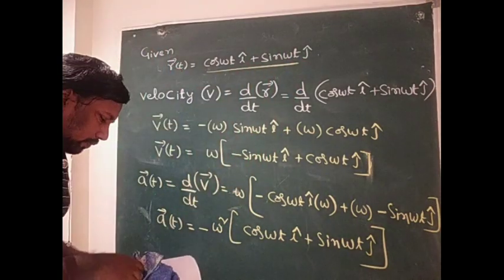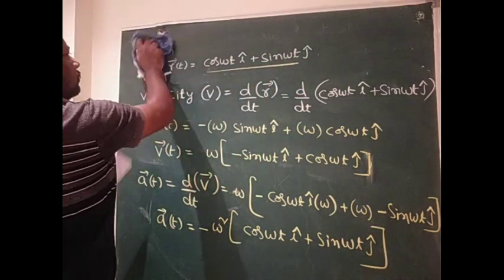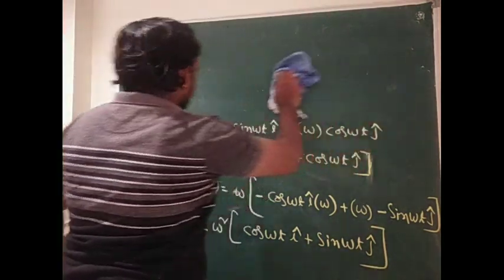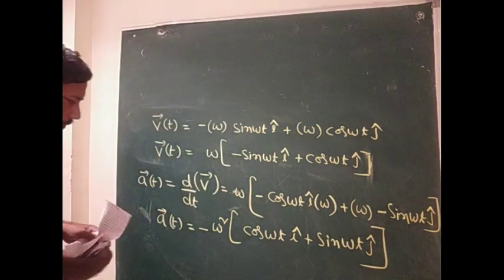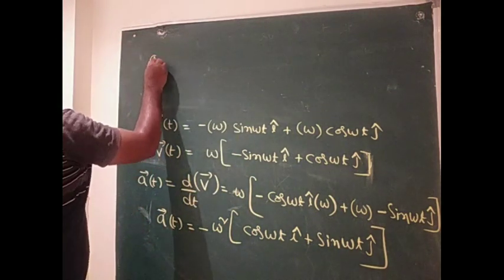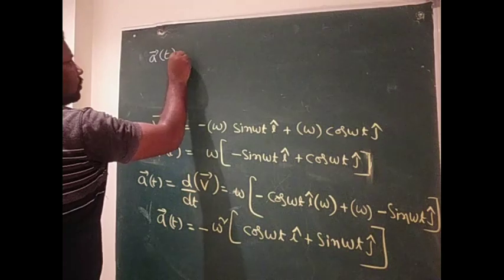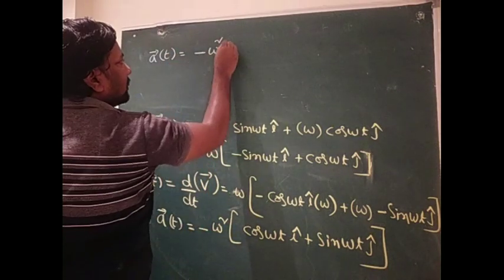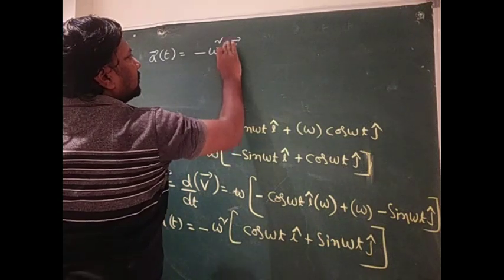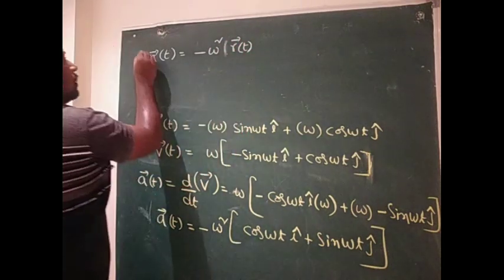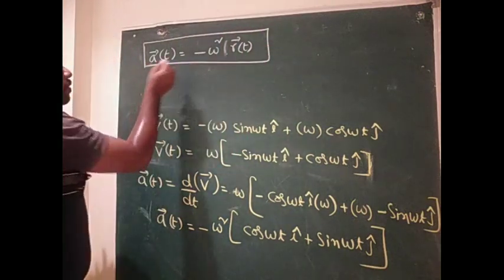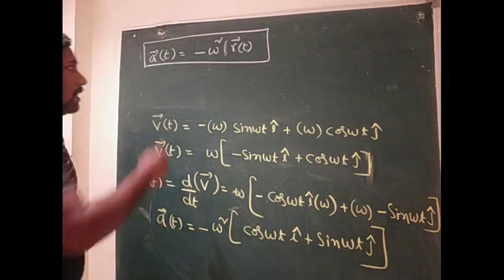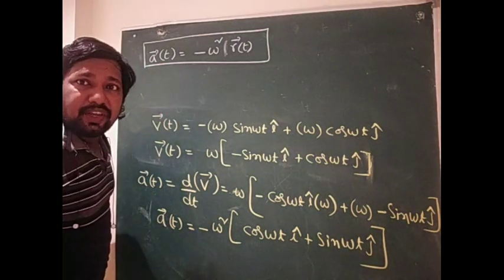So therefore a bar of t equal to minus omega square into r bar of t. So here minus r bar means acceleration is having negative sign.